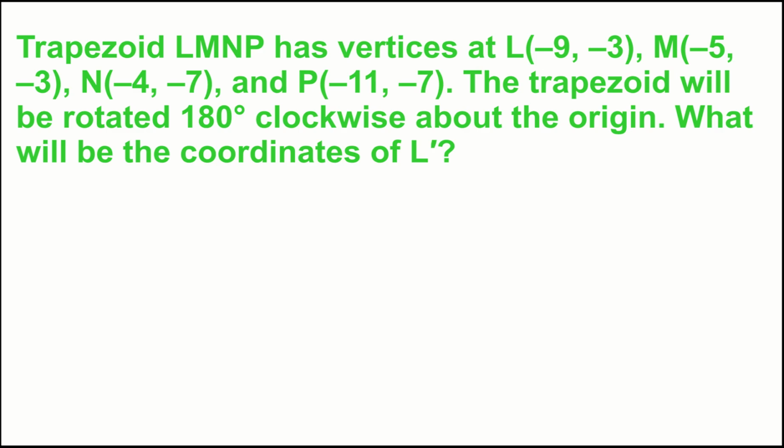All right, L prime. Eliana? +9, +3 is correct. All right, so look, L starts at negative, negative. So that means L is down here, quadrant 3. We go 180 clockwise.